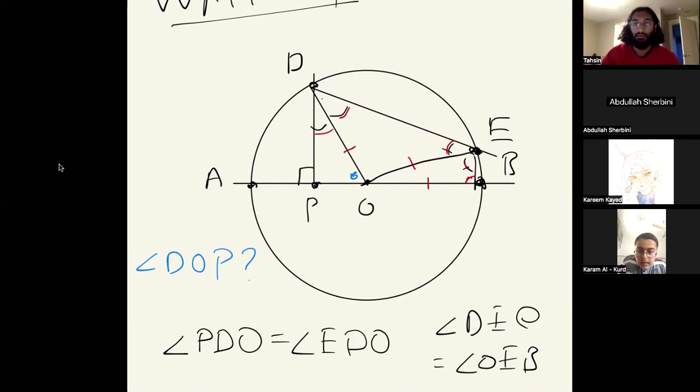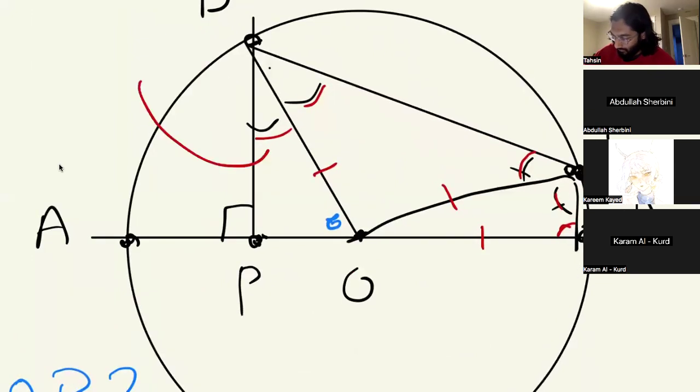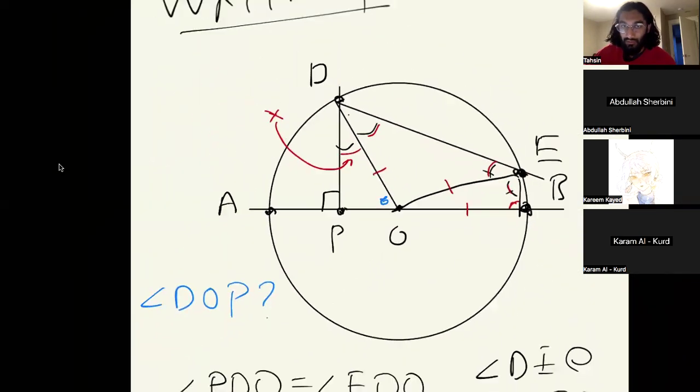Maybe get an equation for the angle DOP. Okay, so substituting the angles as x and then solving for a straight line summing up to 180. Great. Which one do you want to call x? Maybe any of the equal ones. Let's call these angles x.